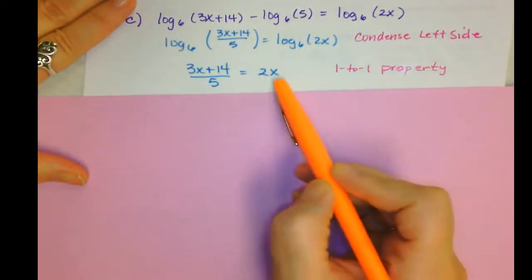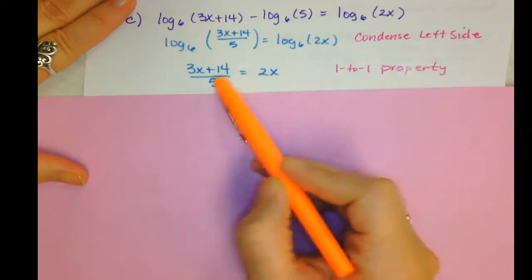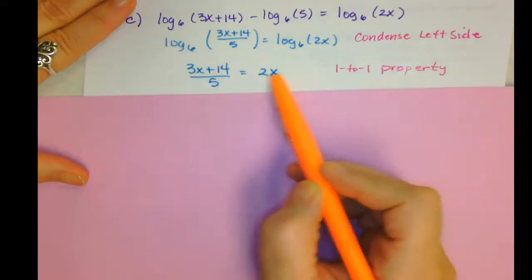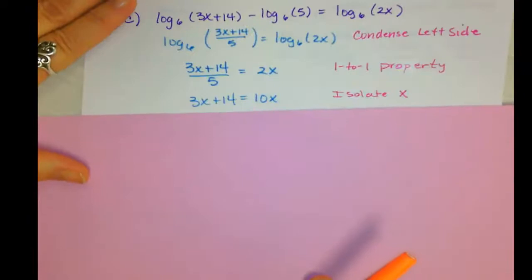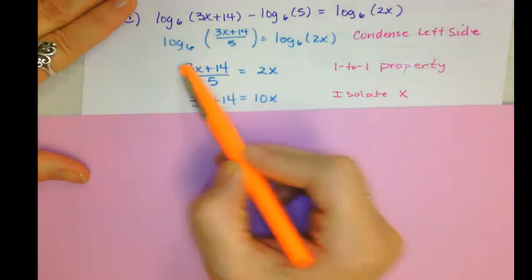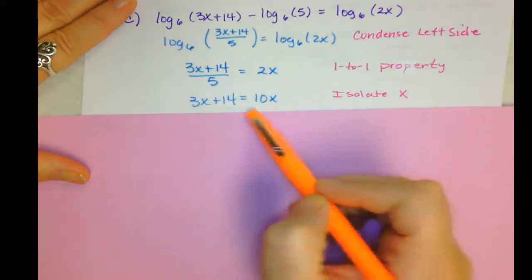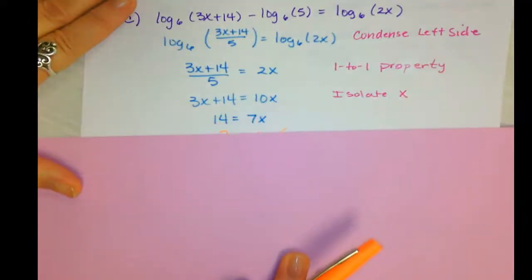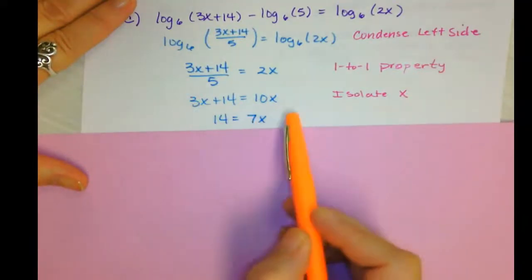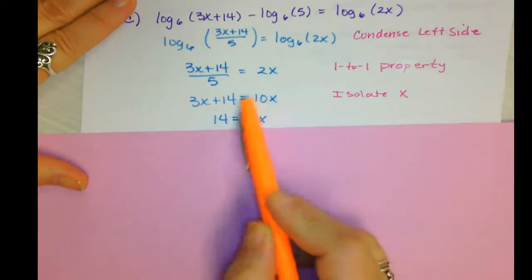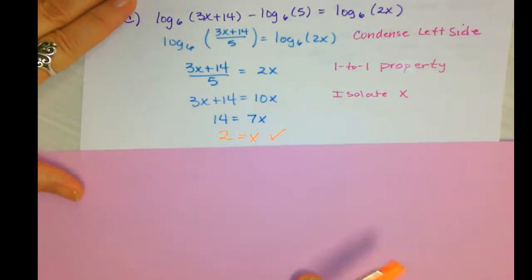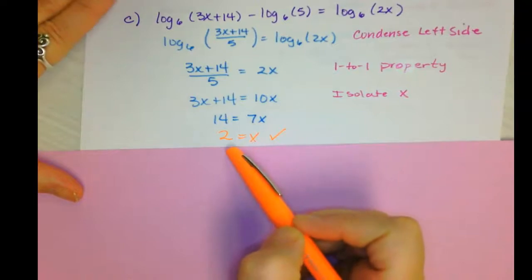Now we need to get these two x's together. I need to figure out how I'm going to do that. I'm going to start by multiplying both sides by 5 to get rid of the fraction on this side so I can just move my terms around to get them together. Then I'm going to move my 3 over here with my 10, so that gives me 7x equals 14. Now I divide both sides by 7 and I get x equals 2.